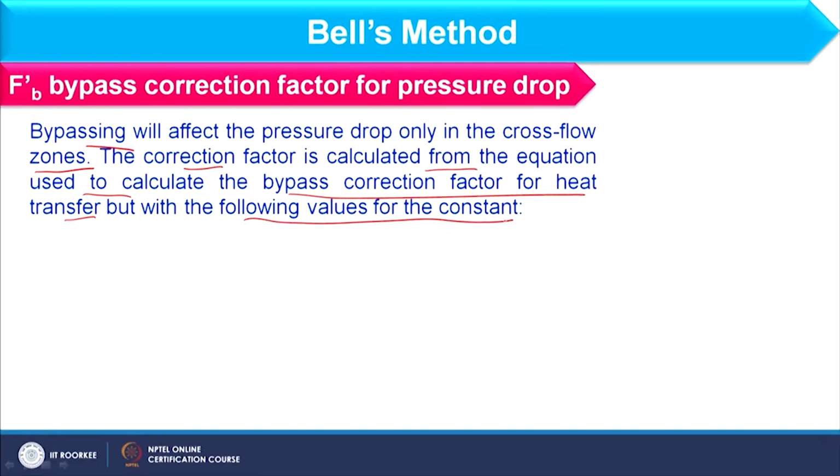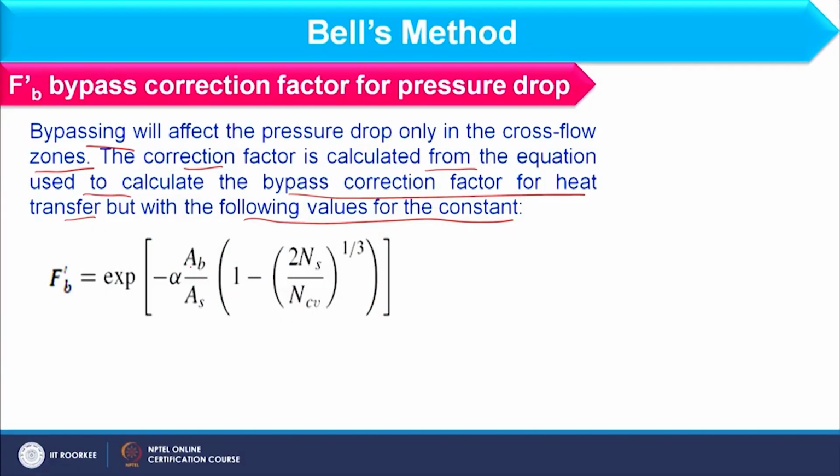So if you remember the bypass correction factor equation, there I have one factor, that is alpha, okay. Other parameters like AB, AS, NS, NCV, all these values will be the same. So the expression is FB dash minus alpha AB by AS, with the sealing strips and NCV values.